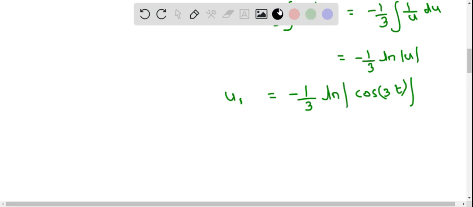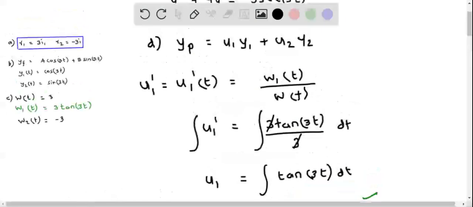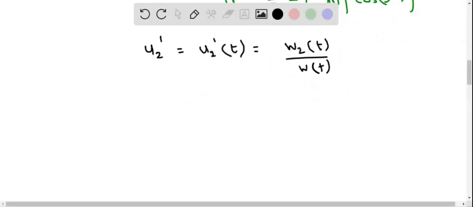Now let's determine u2 using the formula, that is u2 prime of t equals W2 of t over W of t. So let's replace W2 of t by negative 3 and W of t by 3.